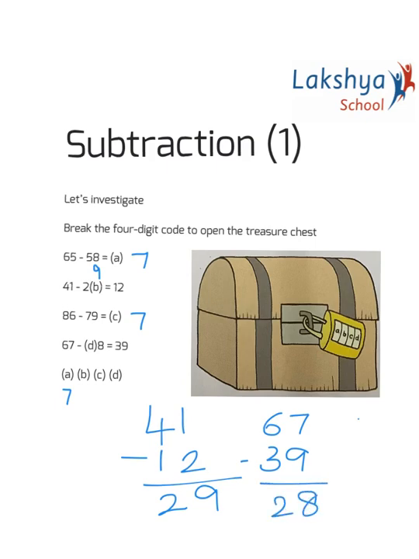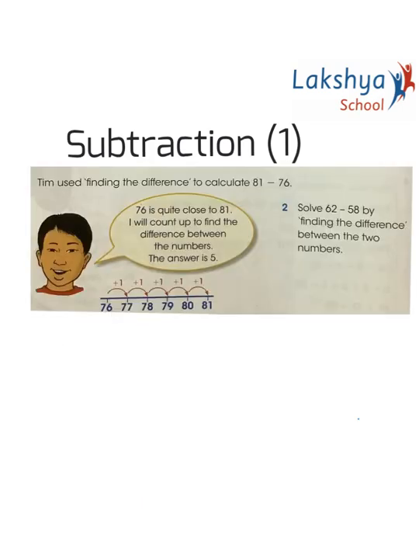So over here we already have written 8. The number D is 2. So let's find the code. A is 7, B is 9, C is 7, D is 2. The code is 7972.